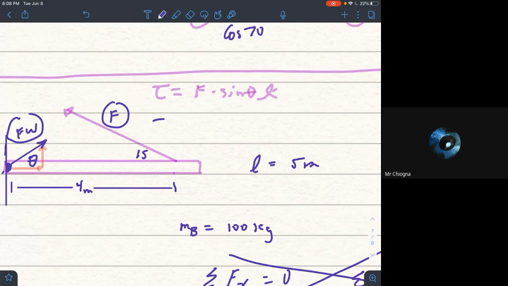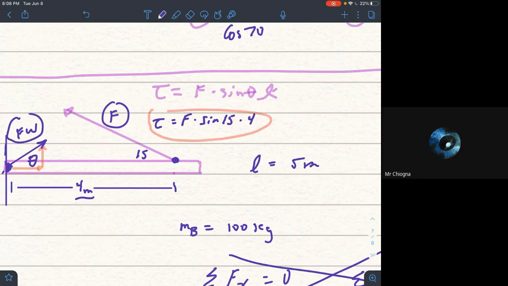So what's the torque here? I'll just call it tau. Tau is F times the sine, not the cosine, times the total length that the tail is from the pivot, measured along the beam, 4 meters. That's your first torque.